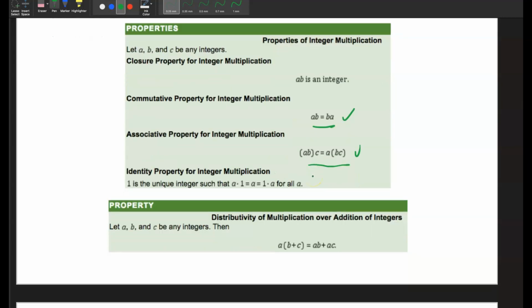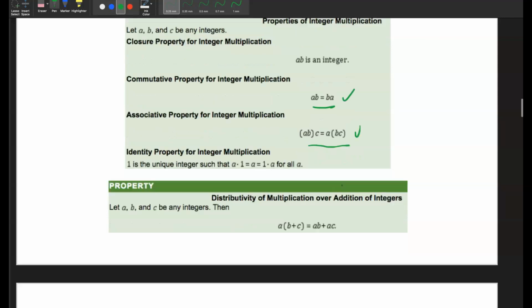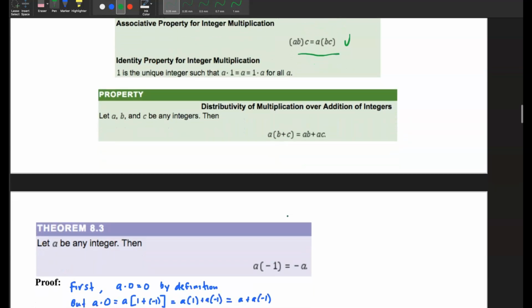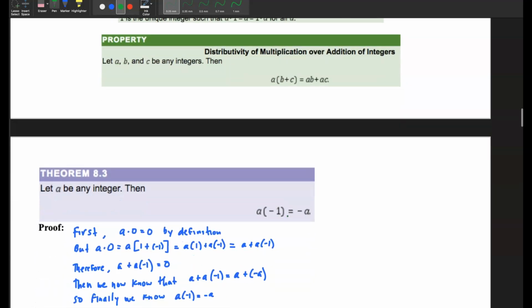The associative property works, and there is a unique number, 1: anything times 1 produces the same number. And the distributive property also works. We've been using that with number flexibility, but this is also true for integers. When you multiply them, you could use the distributive property.